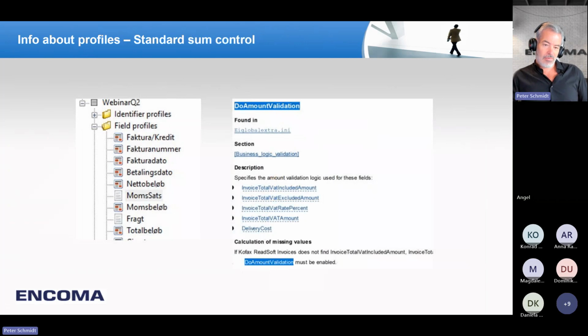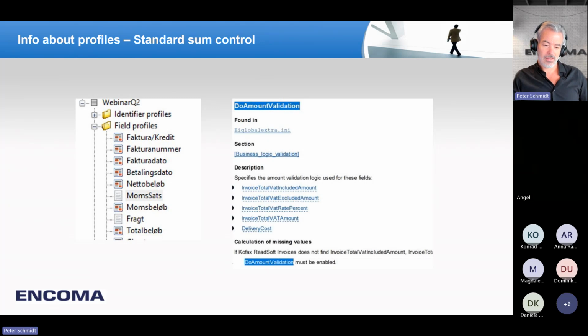Then I mentioned the amount validation. You can enable it or you can disable it. If you choose to enable it, it's important that you have at least 3 different amount fields: gross amount, net amount, and VAT amount. The system uses these to calculate if, first of all, it finds the correct amount and puts it into the right boxes. So it knows that the gross amount should be higher than the VAT amount or the net amount.